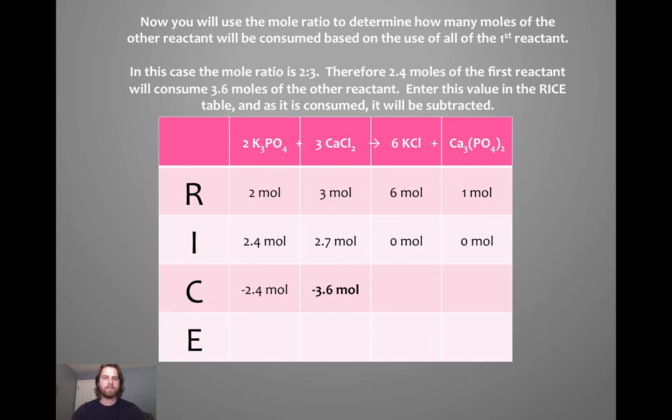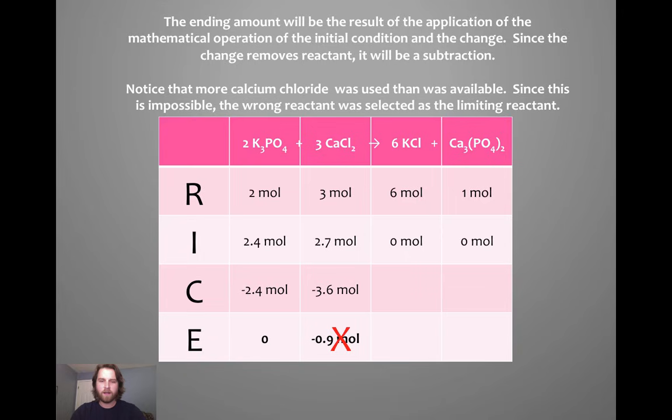Since there is a 2 to 3 ratio between the two reactants, if I use 2.4 of potassium phosphate, I must have used 3.6 of calcium chloride. Now some of you are looking at it going, wait, you only had 2.7 of calcium chloride. How could you use 3.6? Bingo, we found our mistake.